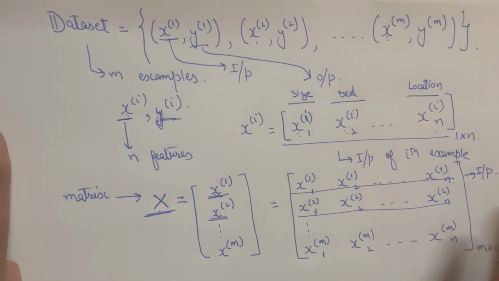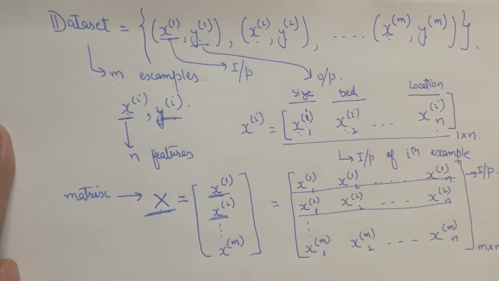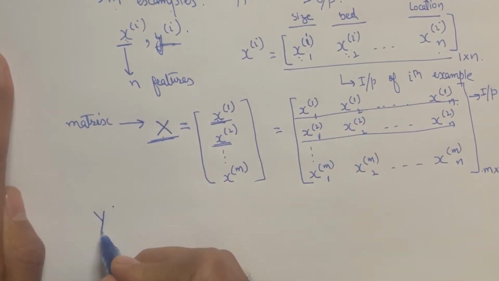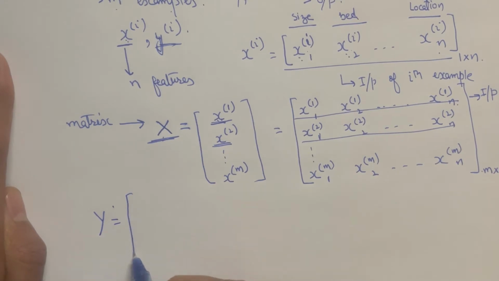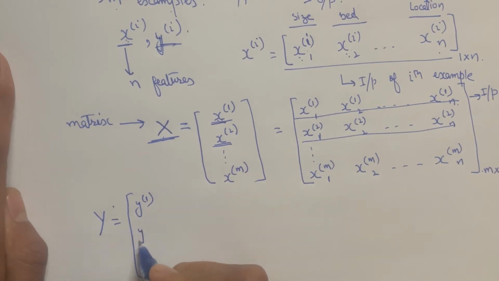And likewise we will combine the output of every data point, and it will also be written like a vector: y is equal to, the first one will be y1, the second will be y2 dash dash dash, the last will be ym.